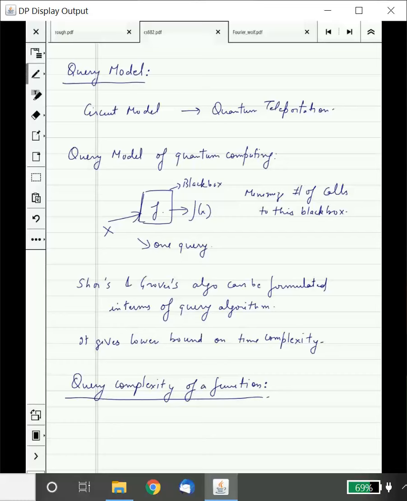If you remember a classical computation or quantum computation, access to input is assumed to be free. We never say, oh, you are asking for input so many times, it will cost you a lot. But if you think about it, any algorithm which queries the input a lot of times has to be expensive.